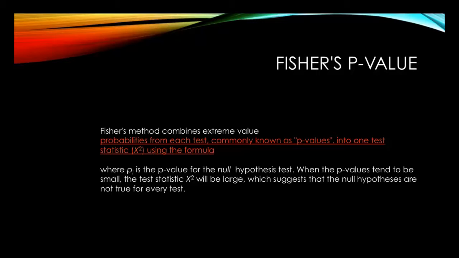When the p-values tend to be small, the test statistic, or x squared, will be large, which suggests that the null hypothesis is not true for every test.